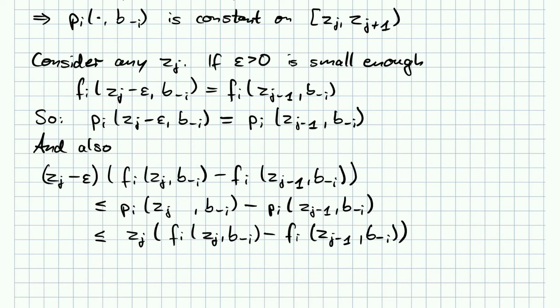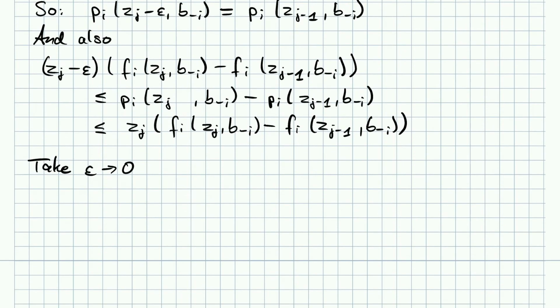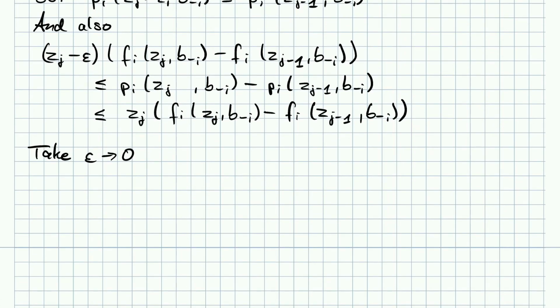And this has to hold for all epsilon which are small enough. So if we now take the limit of epsilon to 0, this will still hold for every epsilon that is greater than 0. And once we reach the limit, we see that this here will become the same thing as this.